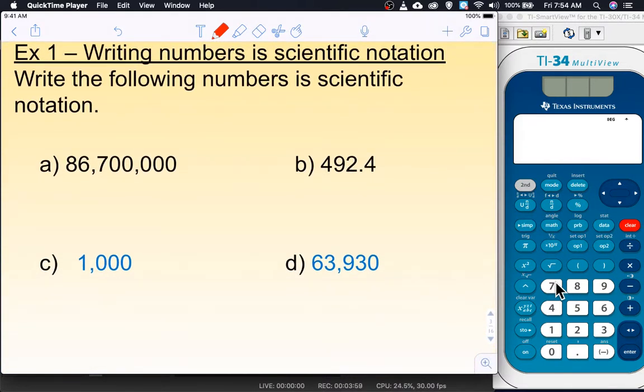So the first thing we're going to look at here is being able to write a number in scientific notation. Now, I'm going to say that the method that I'm going to use is probably a little different than what you've been taught before. You've probably been taught that you count decimal places and then you write the number out. Okay.